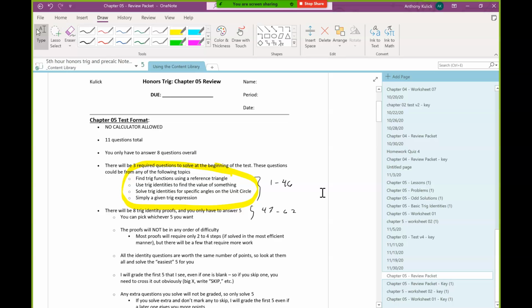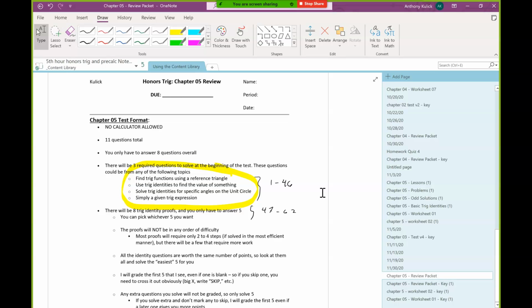Okay, so the review here, I want to talk about the first page, which is just kind of a description of the test format. So this test will be a little bit differently formatted.